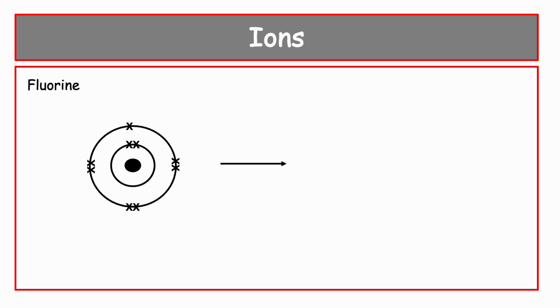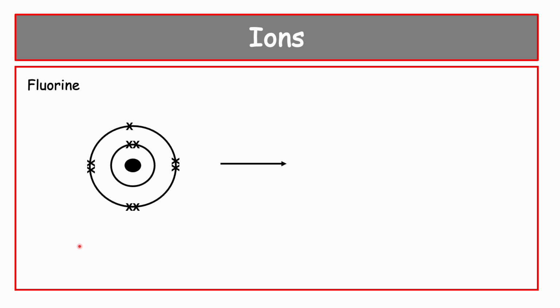To show an atom gaining an electron, we have to make sure we are showing it coming from another atom. So, if we use crosses to represent the electrons of fluorine, I'm going to need to use a dot to show that fluorine has gained an electron from another atom. And that's why it's called a dot and cross diagram.